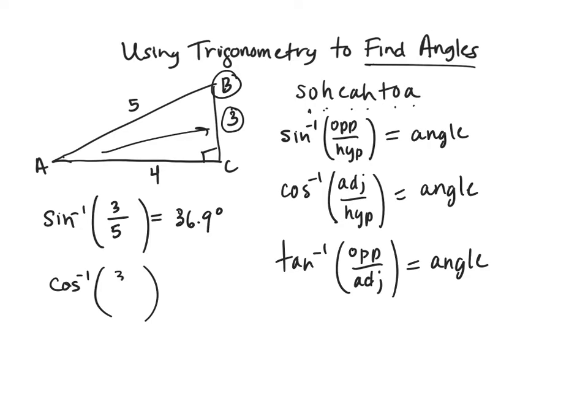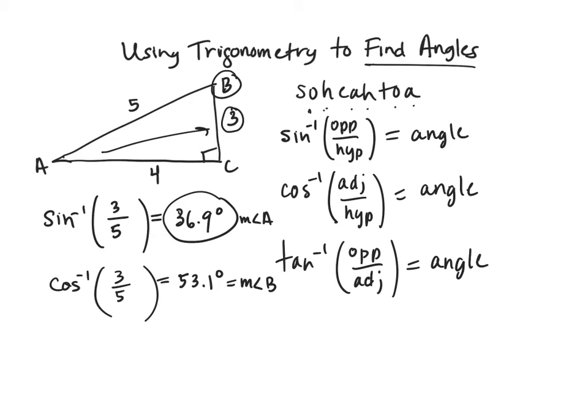So the inverse cosine of 3/5 will give me angle B. And the inverse cosine of 3/5 is to the 10th about 53.1 degrees. So I could use tangent to find angle A or B also. So this was the measure of angle A, and this was the measure of angle B.